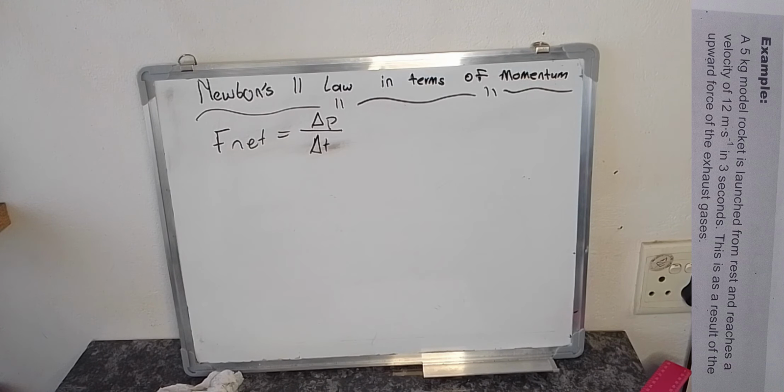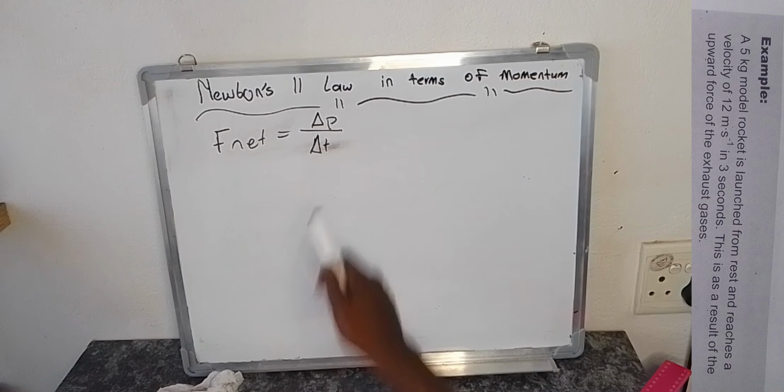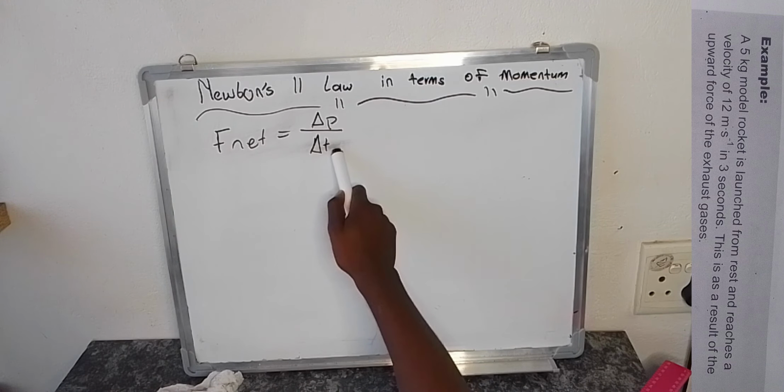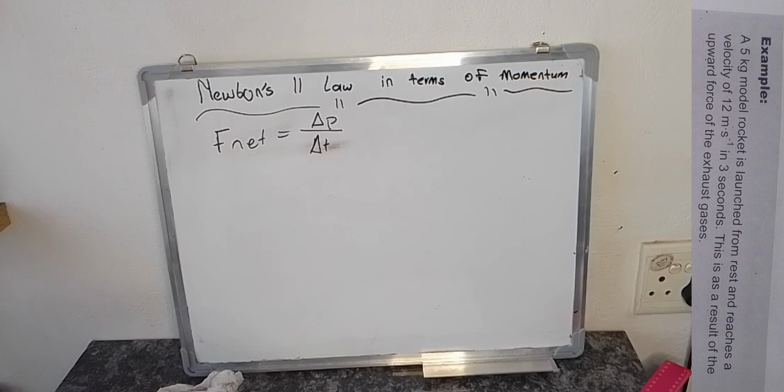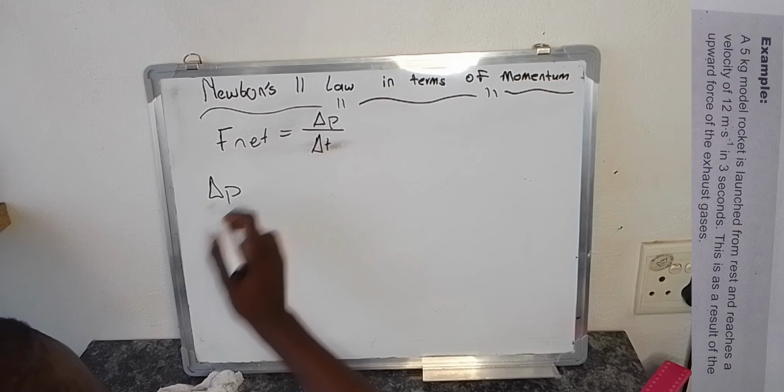But the formula is about change in time and change in momentum. For now we have the change in time, which is 3 seconds, but we don't have the change in momentum. So how are we going to get that? Let's try to find the change in momentum first.